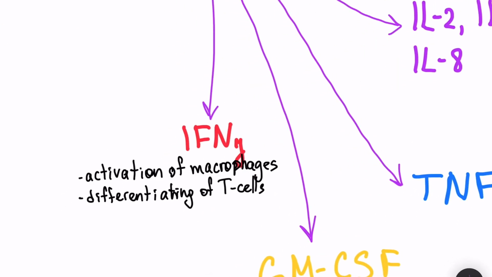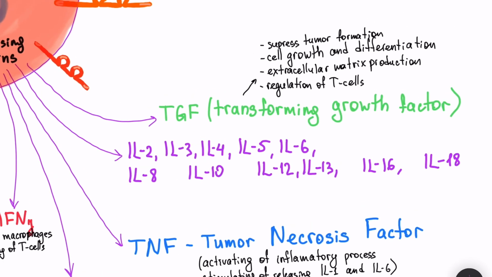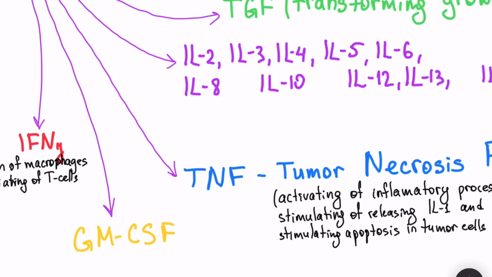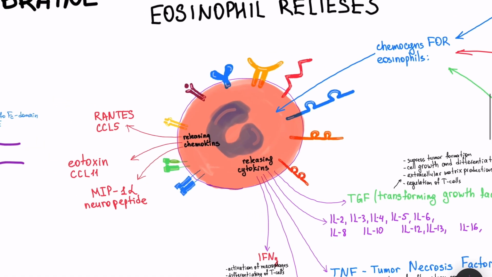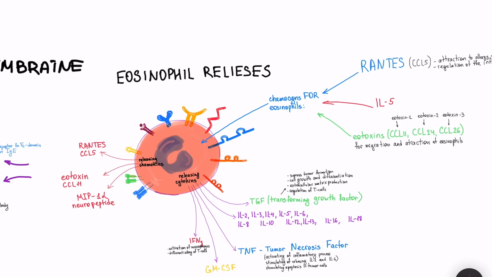Interferon gamma, we'll discuss it later, it is a very important factor. TGF beta, GM-CSF, and different chemokines like eotaxins, RANTES, and MIP. But at the same time, they express receptors for chemokines, CCR1, 2, and 3, for RANTES and eotaxins. So they release chemokines and they should react to the chemokines.